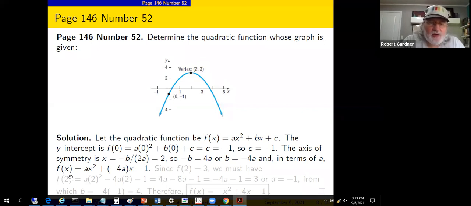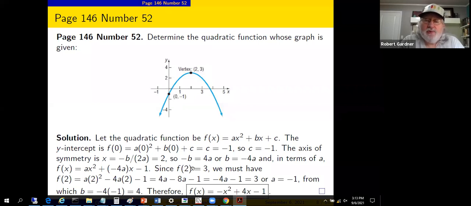So I know the function is this form in terms of a, and I know when I plug 2 into it, we'll get 3 out. I know f of 2 equals 3 because the point (2, 3) is on the graph. So we must have f of 2, plug 2 in for x here. That'll give us a times 2 squared minus 4a times 2, minus 1.